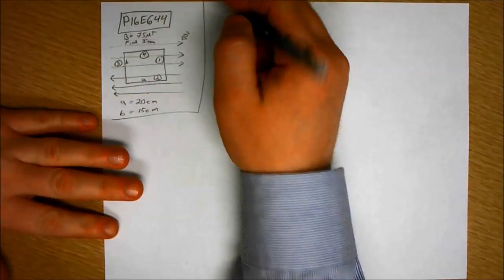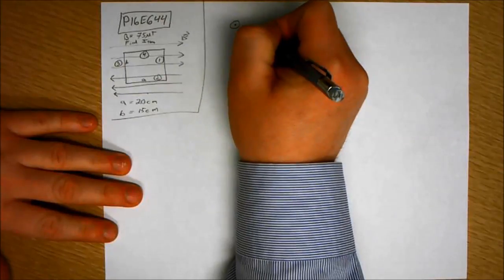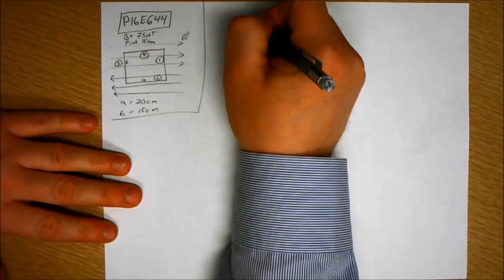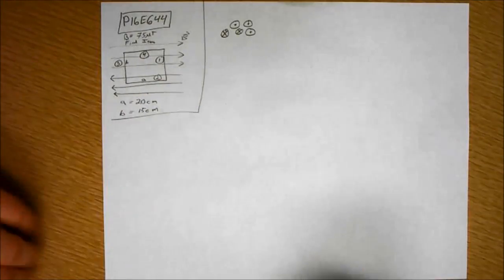Why is this useful? Let's say you have a very complicated situation. Say you have a current running through a wire, another wire, here's a wire running the opposite direction, here's another one running out of the page, here's another one running in the opposite direction.